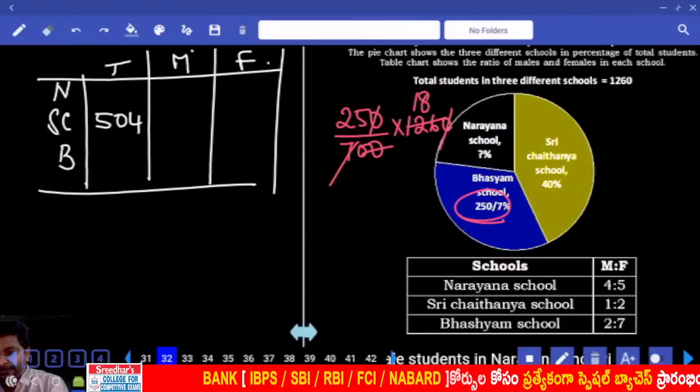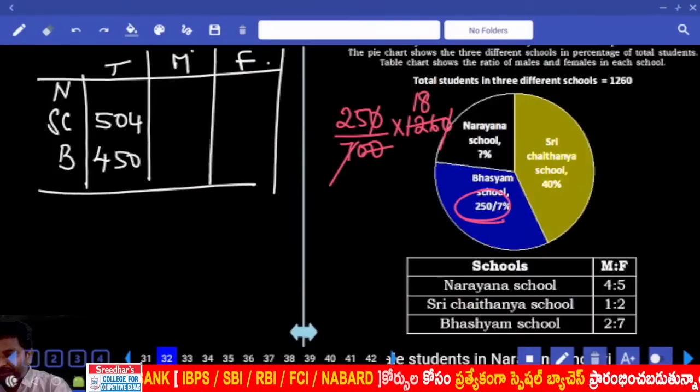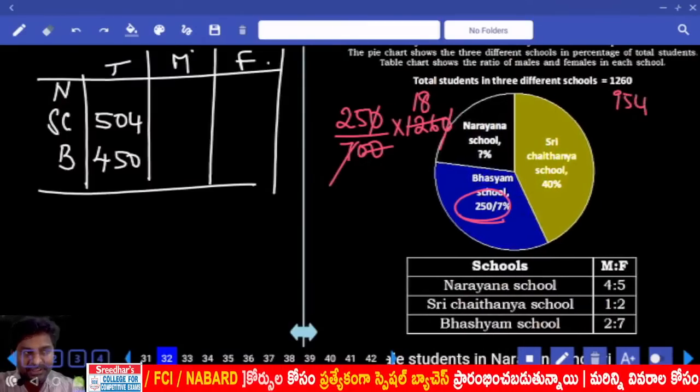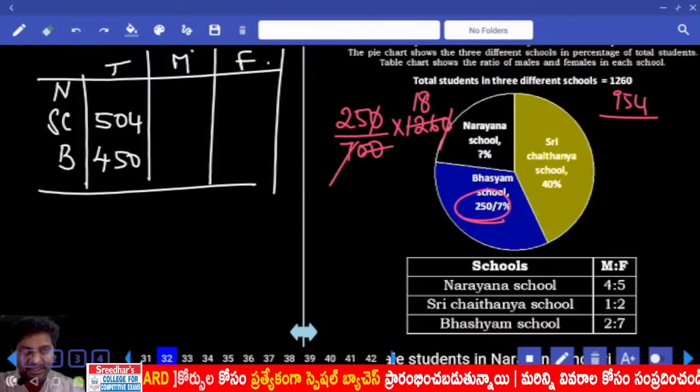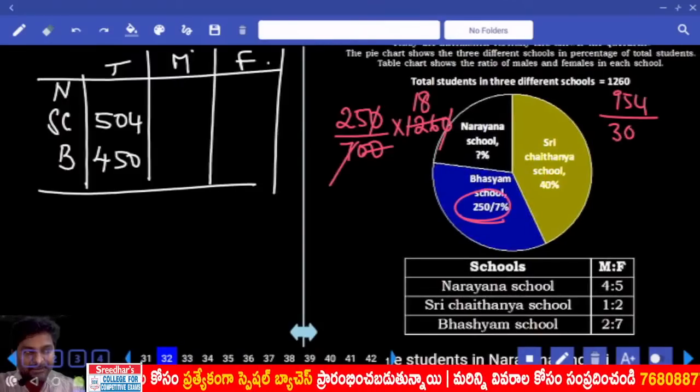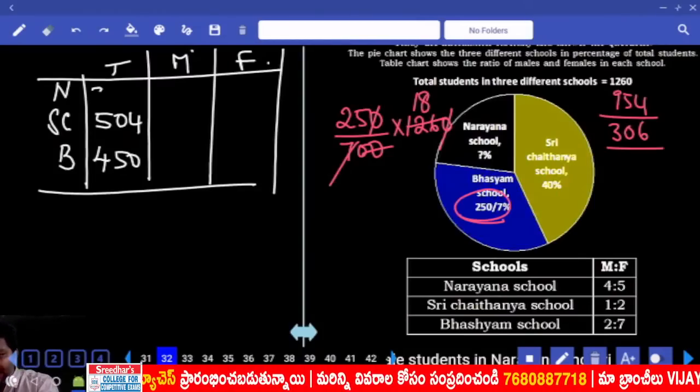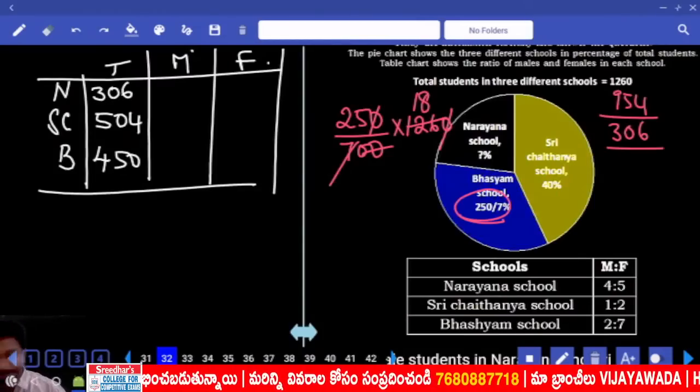So total Bhashyam 450. So far we have 954. Then the difference will be equal to 306. Correct? So 306 people are here in Narayana.